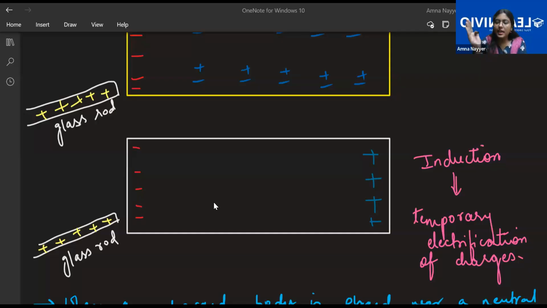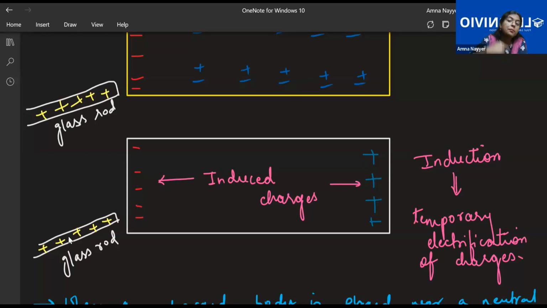The charges that are separated through temporary electrification are called induced charges. And the charges that help them to get induced are called inducing charges.